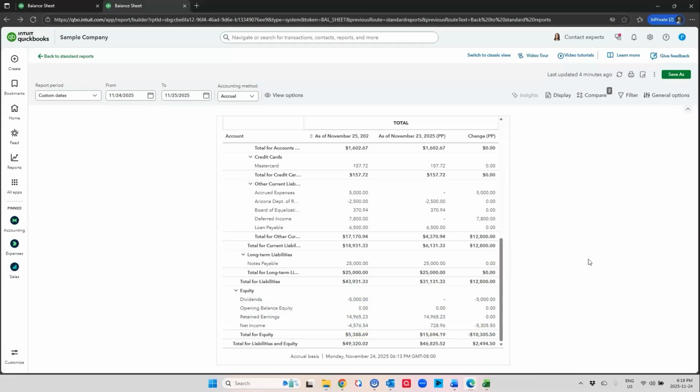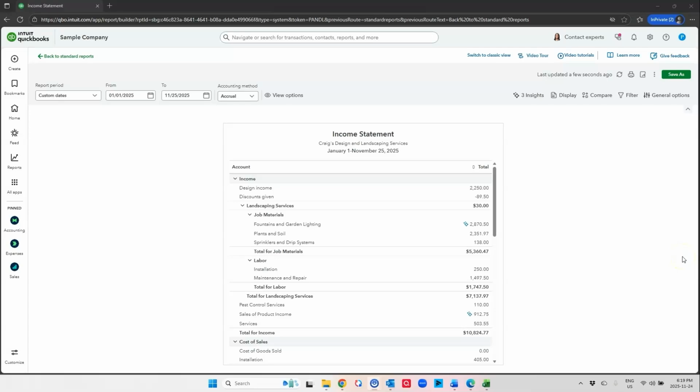Let's grab that income statement back again and we'll take a look at that. It's a little more difficult to show the movement in an income statement right up to the period, but I'm going to scroll down and we'll take a look at what we did change. So our maintenance and repair earlier was a lot higher because it included that full $7,800, and that is now gone.